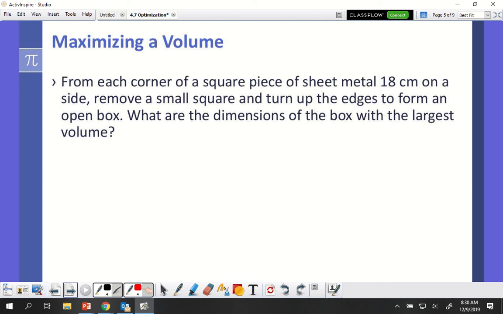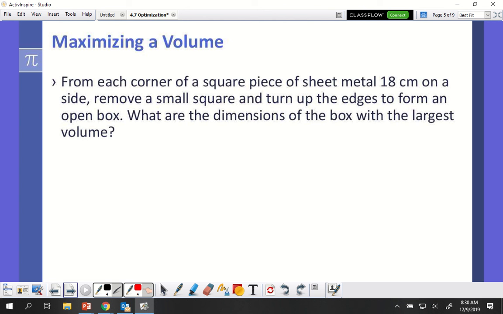And so I'm going to maximize the volume of this now. From my flat surface, I'm cutting out a piece, and now I have a volume out of it. Whatever piece I cut out is going to take away from my surface area, but the more I take away, the greater the height of my volume is going to be.